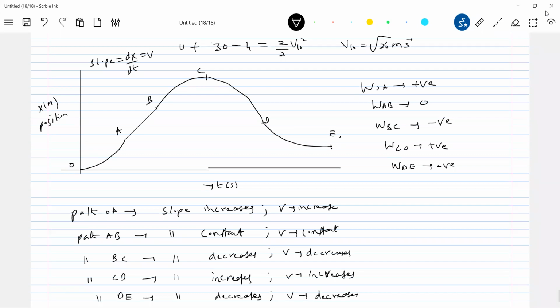So if they give an XT graph, position versus time graph, yes, there is a method of predicting the work done. Sir, if they give directly the VT graph, can we say about the work done? Directly the speed versus time graph. Is work done positive or negative?